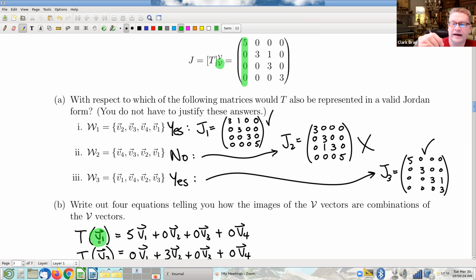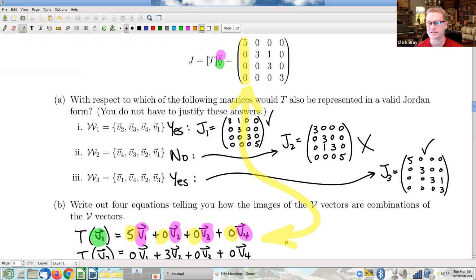And it tells me how that image is a combination of these, it's the same basis, but these basis vectors. What are these numbers specifically? Well, these numbers are the coefficients in that linear combination. So nice punchline. These columns pretty much tell you everything you need to know in these equations.